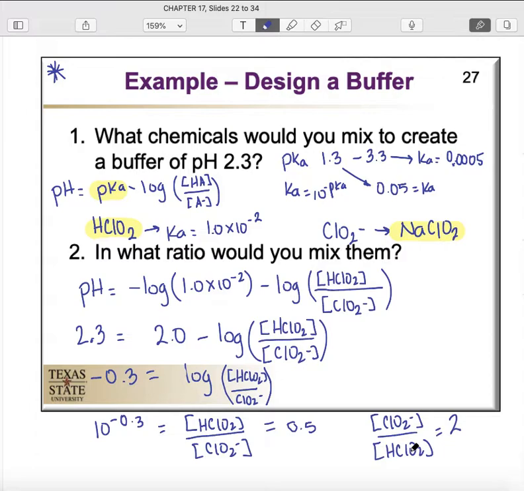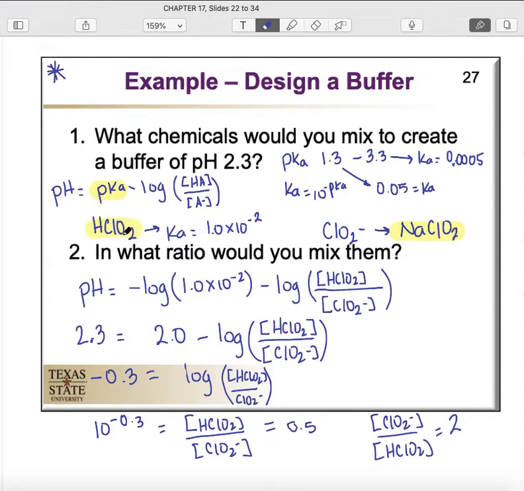So just to recap, what you do is you start by looking at the pH that you're interested in. You will then select a weak acid that has a pKa that is close to that pH that you want, specifically within 1 unit, either -1 or +1 of that pH. You then convert that pKa into a Ka, and you go to a table and you find a weak acid that contains a Ka in that range.